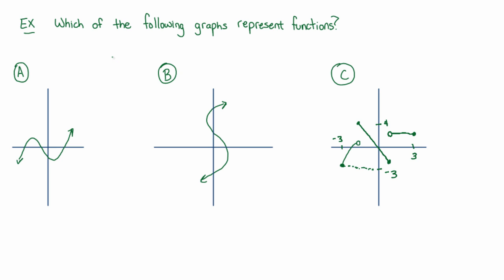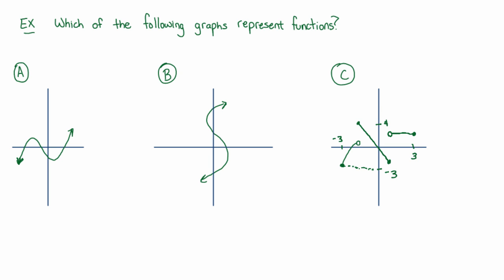In this example, we're going to start talking about graphs and seeing how they represent functions, if they do or they don't. So in part A here, we have a graph, a little squiggly looking thing. And remember, the definition of a function is that each input leads to one output. So let's look at each of these.